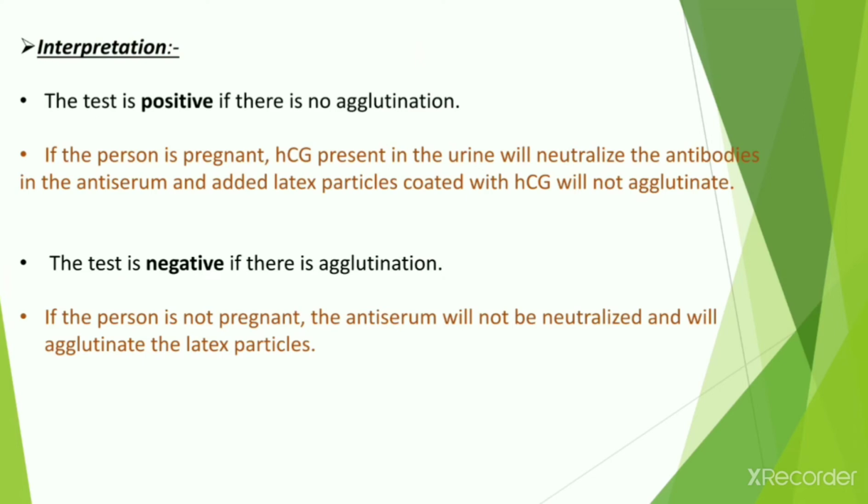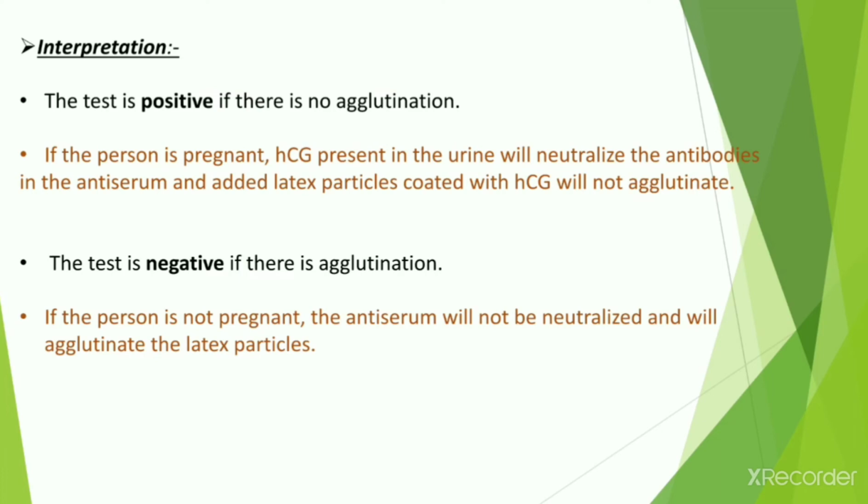While interpreting the report, we must be careful in this test, as this is an agglutination inhibition test. Here, agglutination is not taking place. The agglutination is being inhibited. So, the positive result will show no agglutination and the negative test will show agglutination.